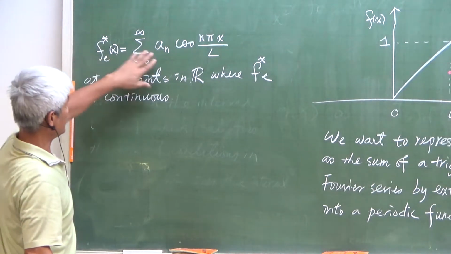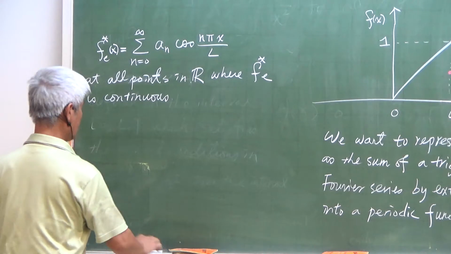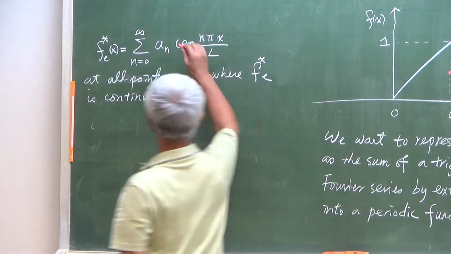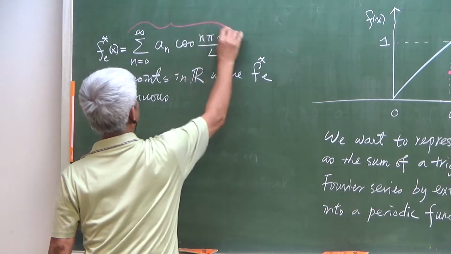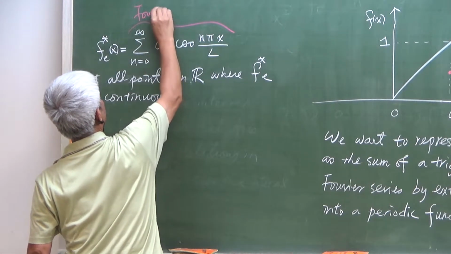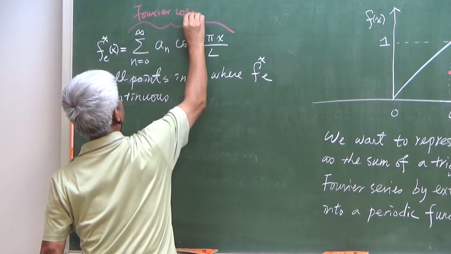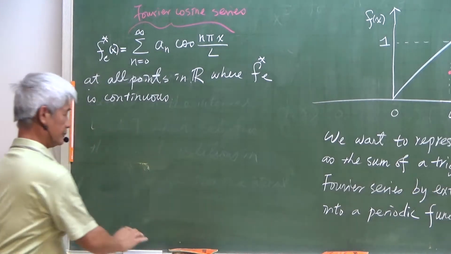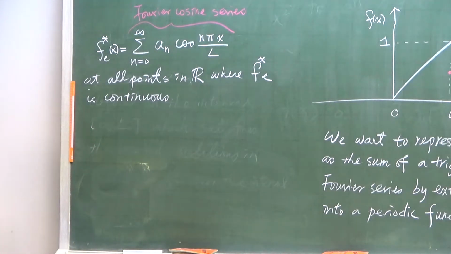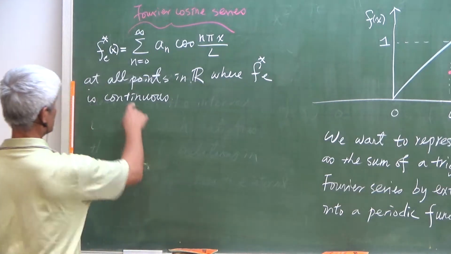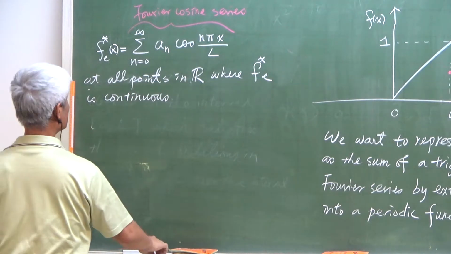So f of x is equal to this, and this series is called a Fourier cosine series, because it consists of cosine functions. Okay, so it's called the Fourier cosine series.